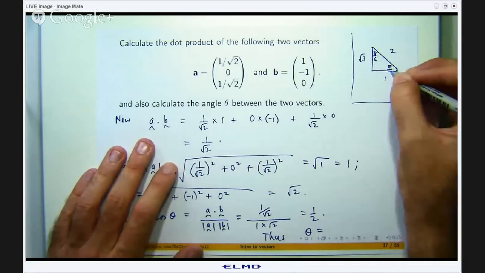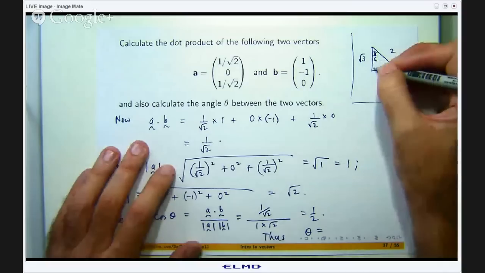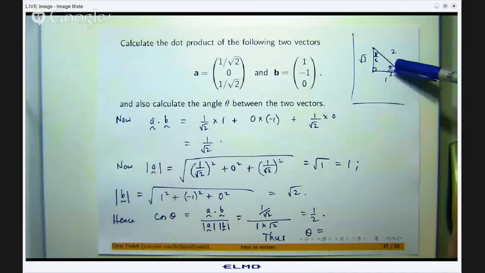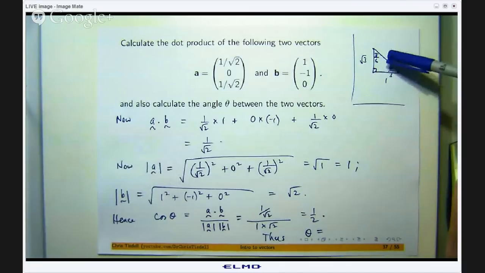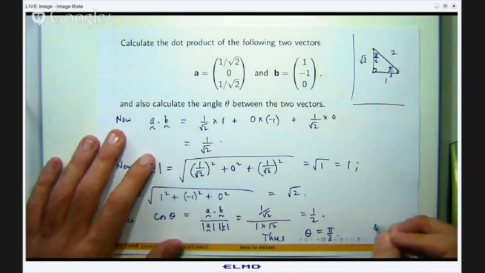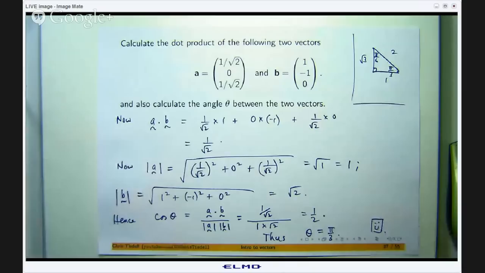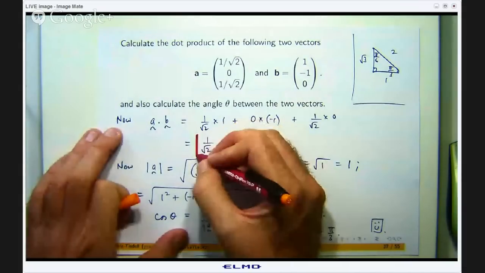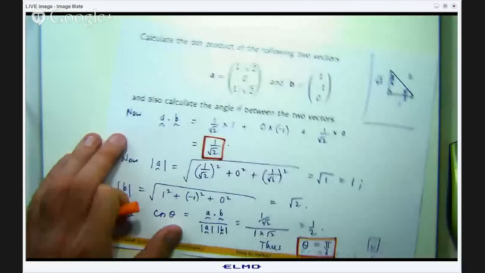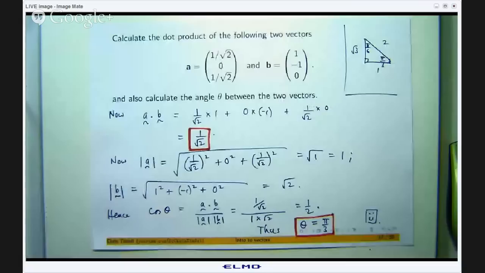This angle is going to be pi on 3. This is a right angle. So cosine is adjacent over hypotenuse. So if I choose this angle here, adjacent over hypotenuse will give me 1 on 2. So theta equals this angle in here, pi on 3. Okay, so the dot product of these two vectors is 1 on root 2, and the angle between them is pi on 3.